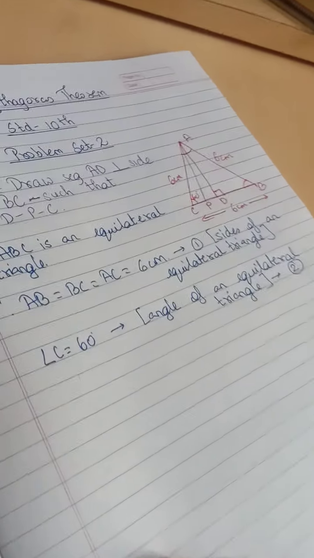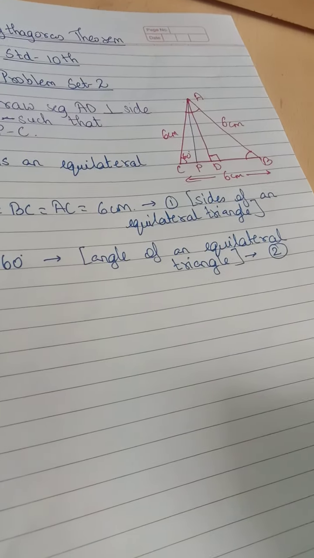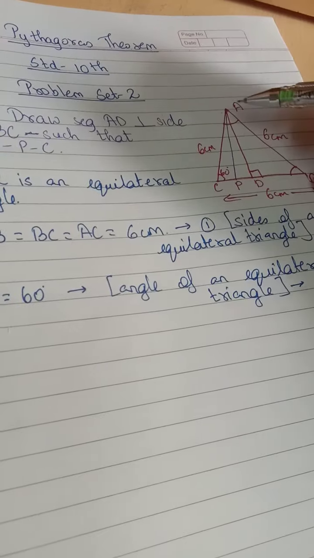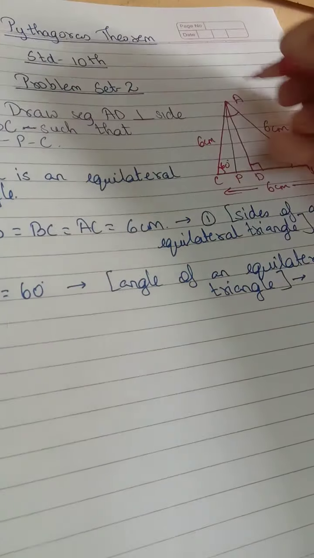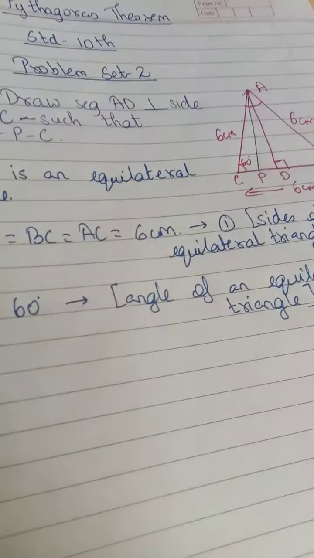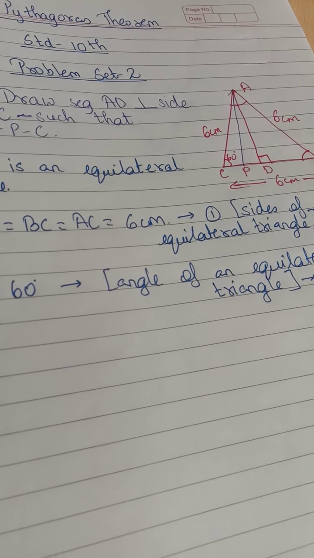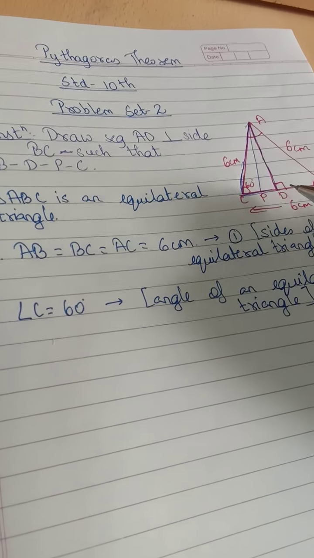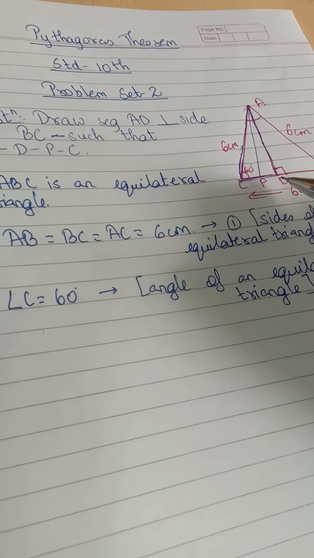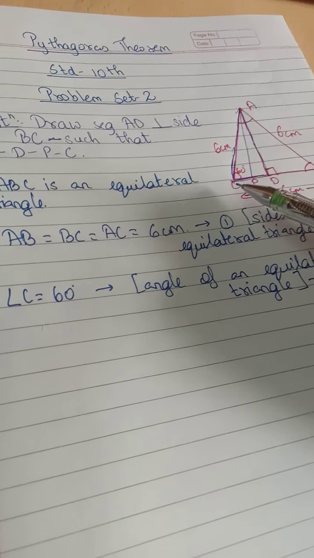Now I will take into consideration only triangle ACD. In my triangle ACD, I already have angle D as 90 degree and angle C as 60 degree.